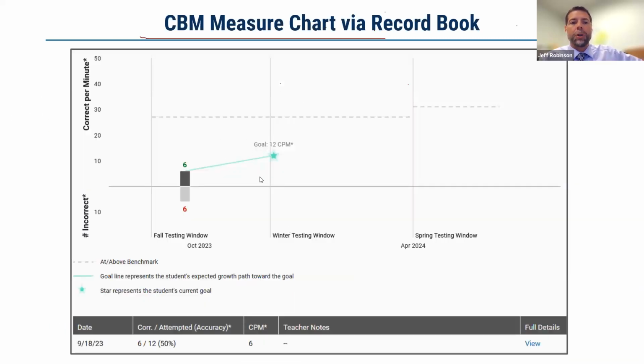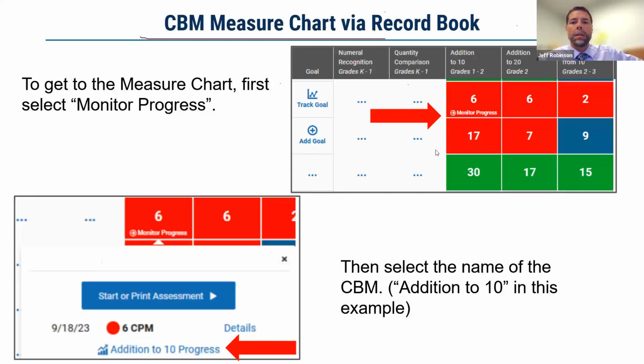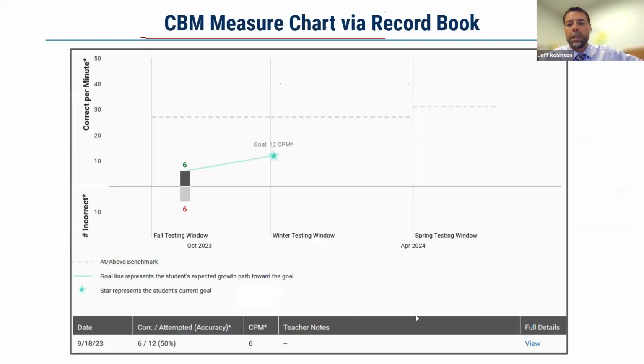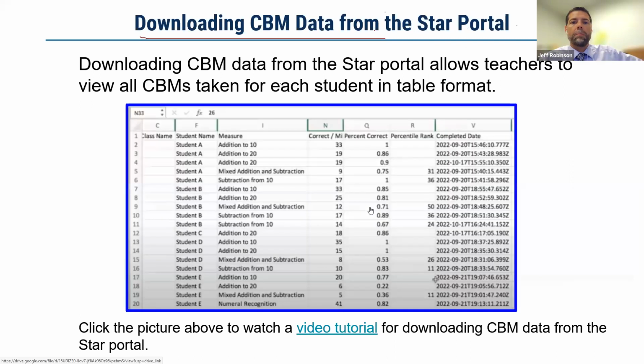You get to the measure chart by clicking on monitor progress. And if you want to see the actual student performance, you would click on either details here, or on the details down here. Okay, so that is the measure chart.